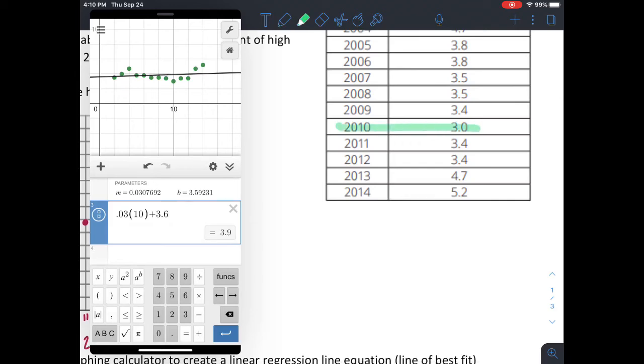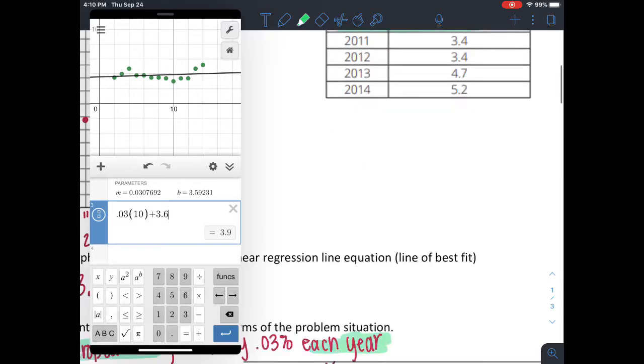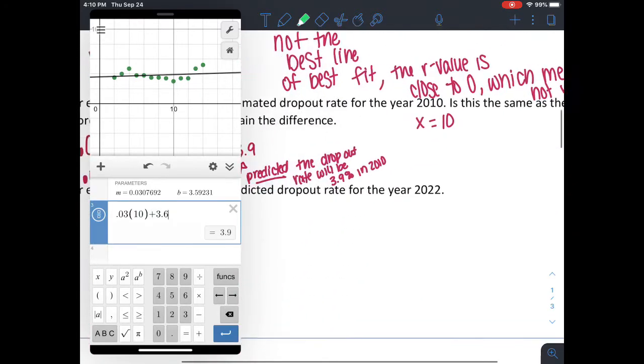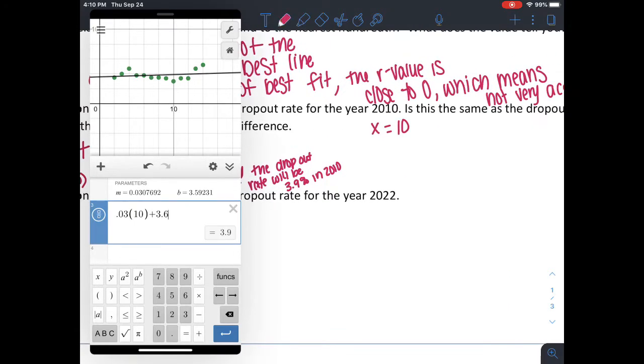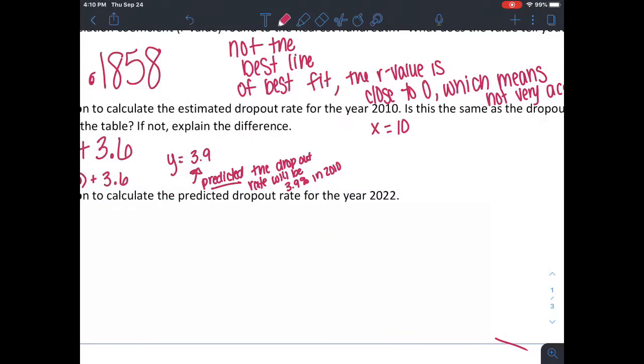And in 2010, the actual dropout rate was 3.0. Okay, so we are not very close. If not, explain the difference. Well, the difference could be because our correlation coefficient, that R value from the last problem, was saying that our line of best fit wasn't very accurate.